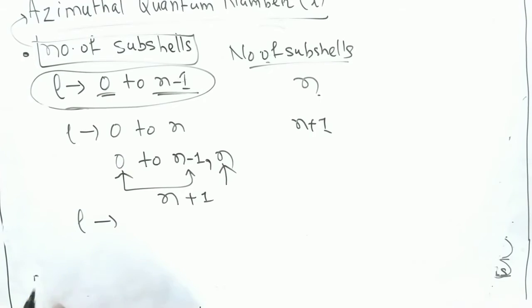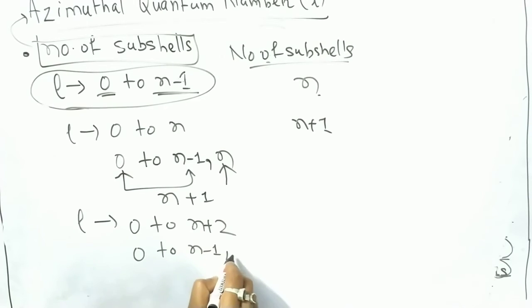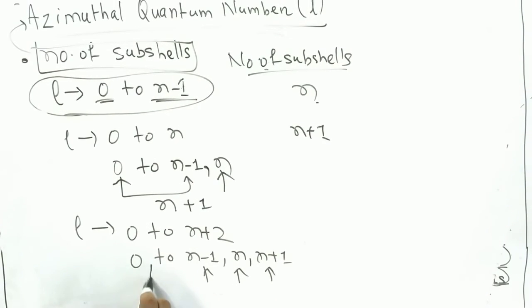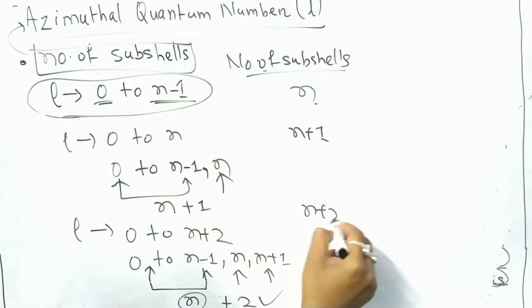For 0 to n minus 1 you have number of subshells n. Now if you have 2 extra values, the number of subshells is n plus 2.